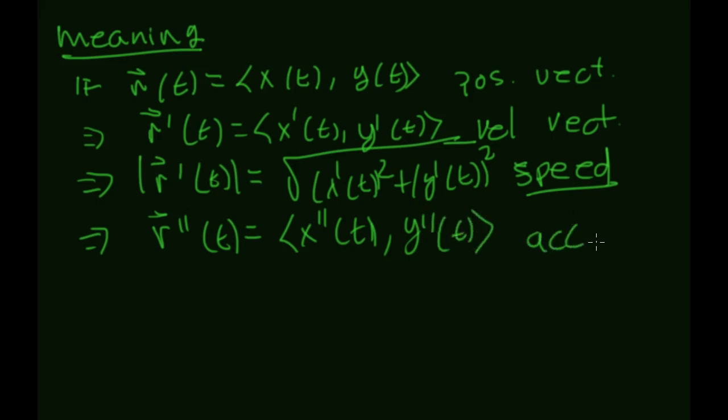And this is now the acceleration vector for the particle at time t. So usually when we're using vector valued functions, we're describing some sort of space curve, as if it's a particle moving through space. And these are the relevant quantities that go with that.